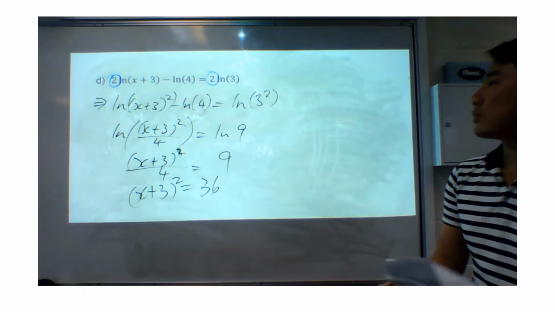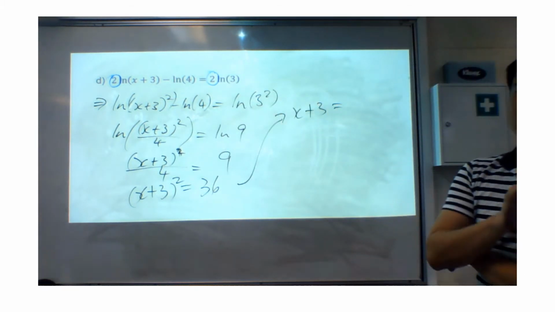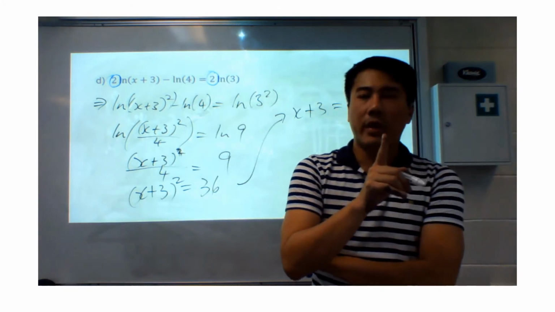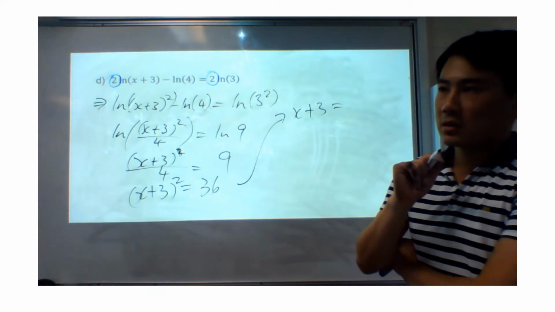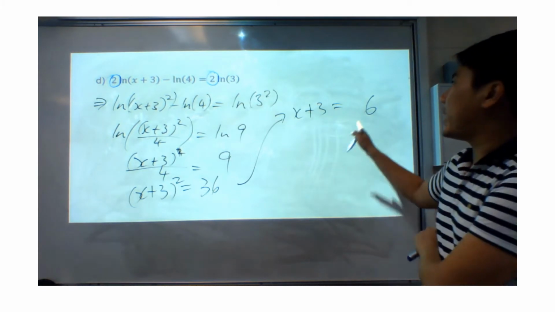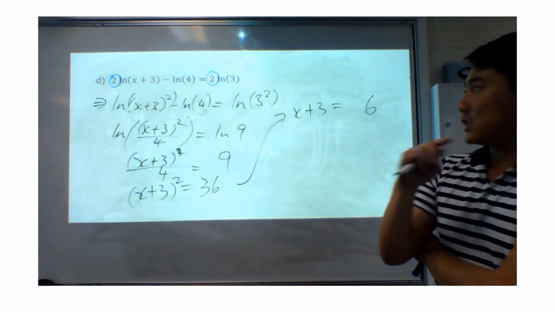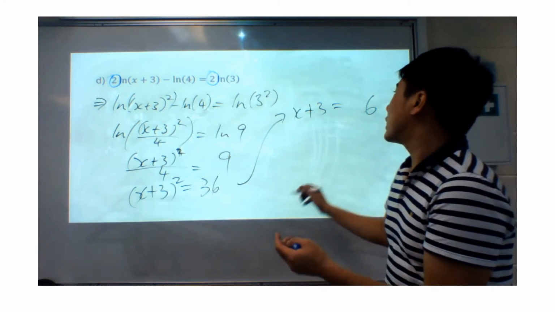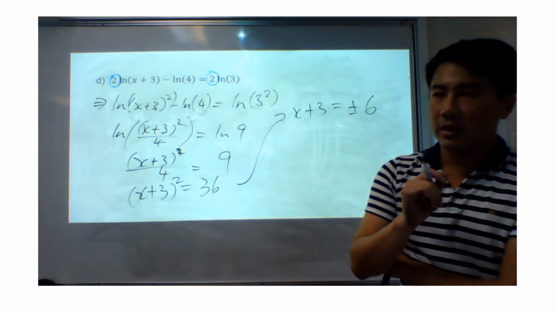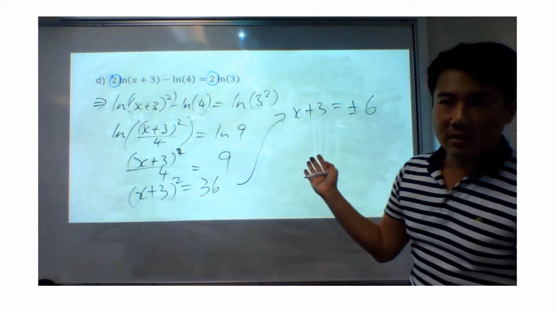So x plus 3 would be, you need to take the square root of both sides, square root of 36. What is the square root of 36? Is it just 6? If your answer is just 6, you've missed out half of the points. Because when you take a square root, it's always going to be plus and minus. Alright? Because negative 6 times negative 6, you will get 36 as well.